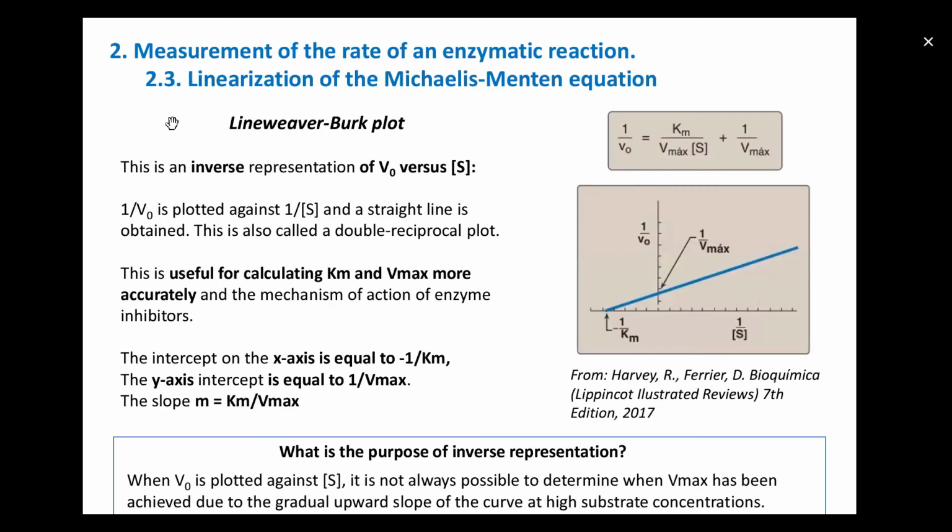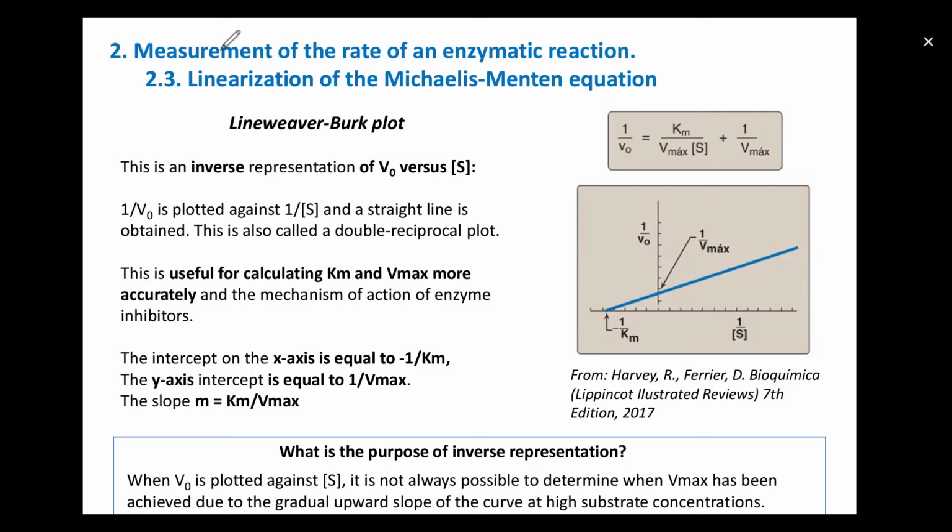So now the next thing is Lineweaver-Burk. Lineweaver-Burk is a reciprocal of Michaelis-Menten. When you say reciprocal, it means that you take the numerator to be the denominator and the denominator to be the numerator. Let me show how it works.